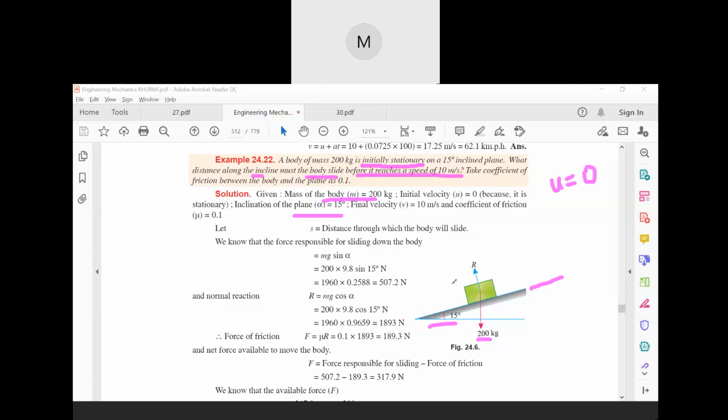So the final velocity v is given as 10 meters per second. So if v is given as 10 meters per second, then what happens? U is what?